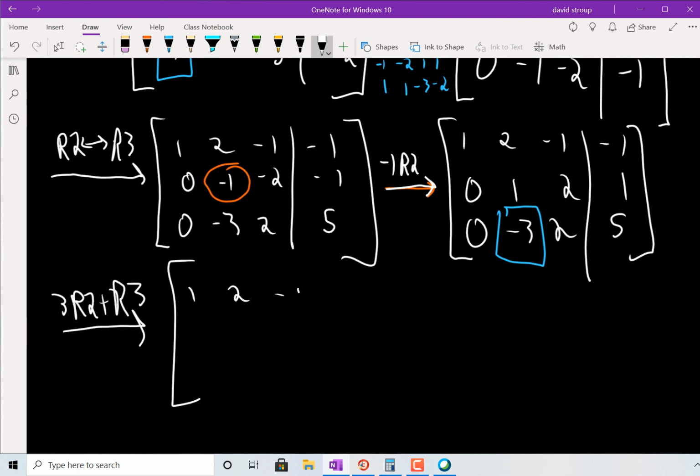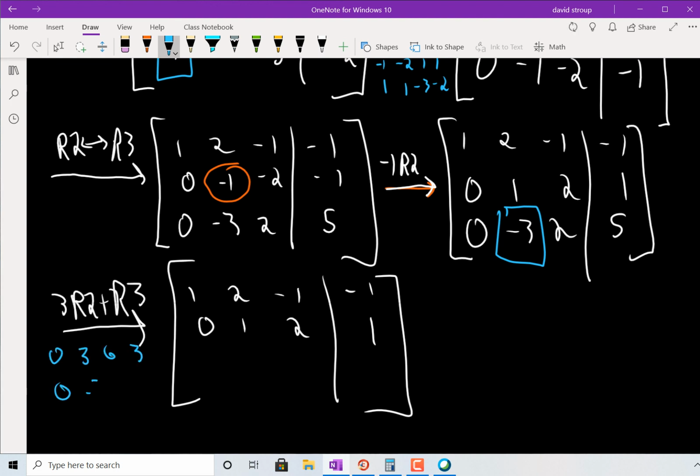1, 2, negative 1, negative 1, 0, 1, 2, 1. And I'll do my arithmetic in blue here. So 0, 3, 6, 3, and then 0, negative 3, 2, 5. And so we'll have 0, 0, 8, 8. And again, we need to get another pivot position cleaned.